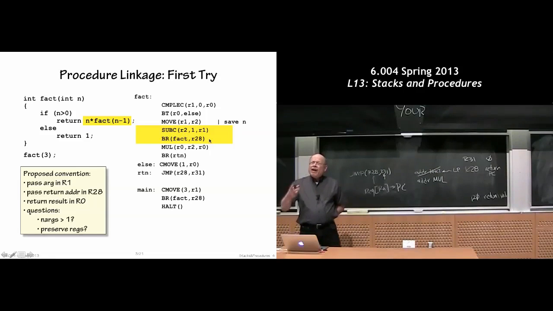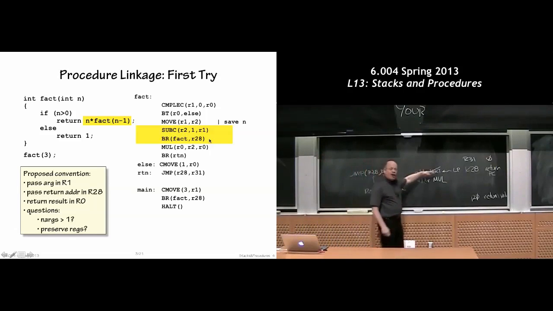We're all following our convention here, but now you can see there's some bogosities in our convention. What was the problem? The problem is that we reused R28 in the middle of the procedure, and in so doing, we wiped out where we're supposed to return to. So that's one thing.